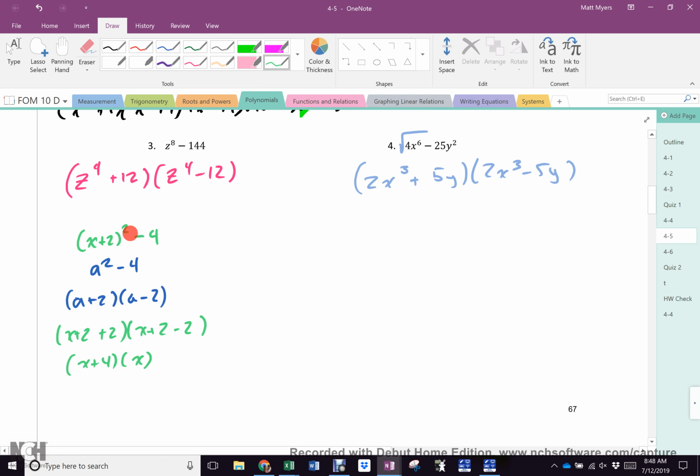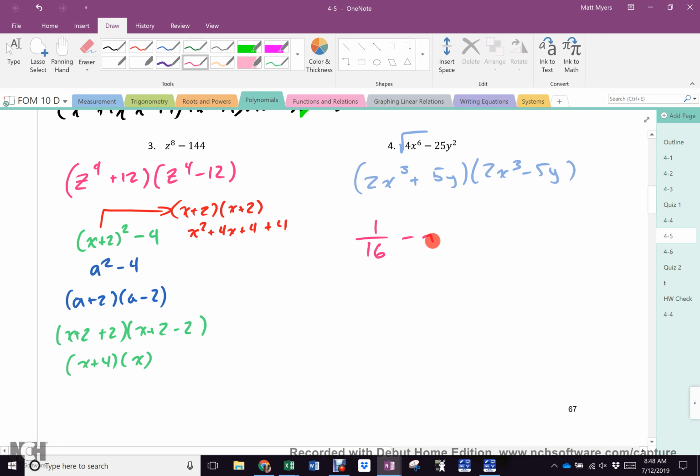Most of you, as soon as you see this, you want to do x plus 2, which gives you x squared plus 4x plus 4. Then you got to add another 4, and then you would have to factor that. It's way bigger and more work. Does everybody understand? Excellent.